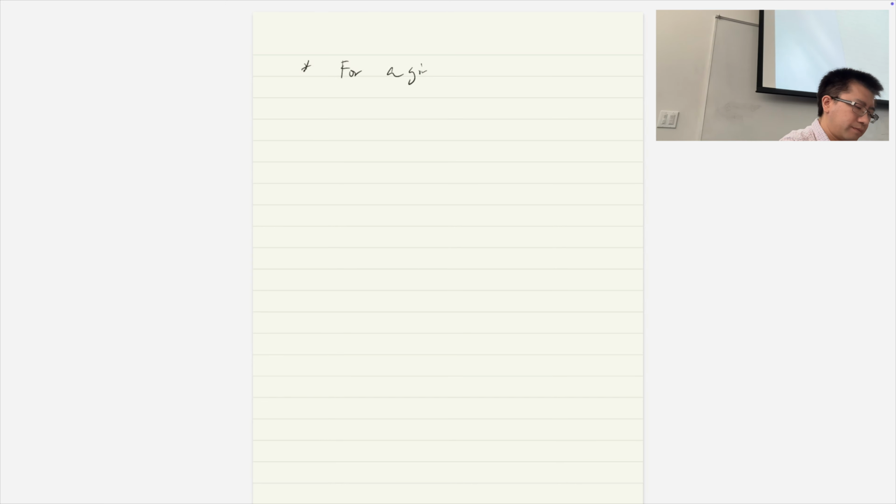For a given set of reconstruction points x hat equals x1 up to xq, they're all fixed.